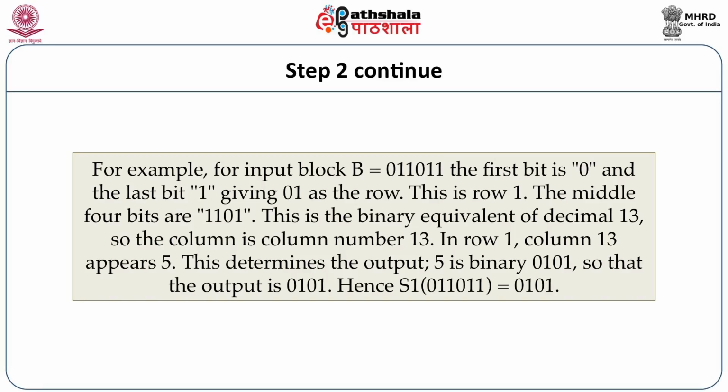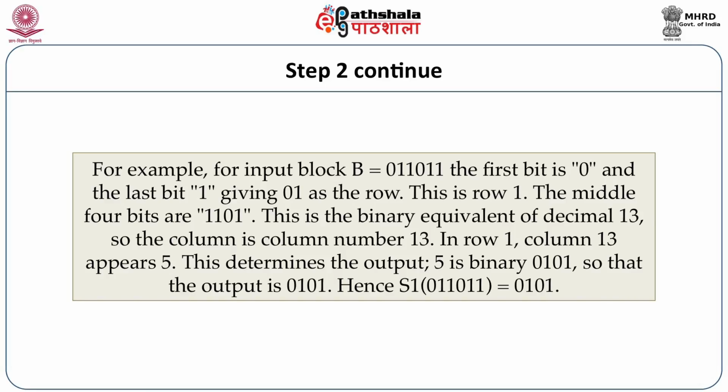In the S box, you look into row number 1 and column number 13, which appears to be 5. So your output of the S box is 5, which is binary equivalent to 0, 1, 0, 1.